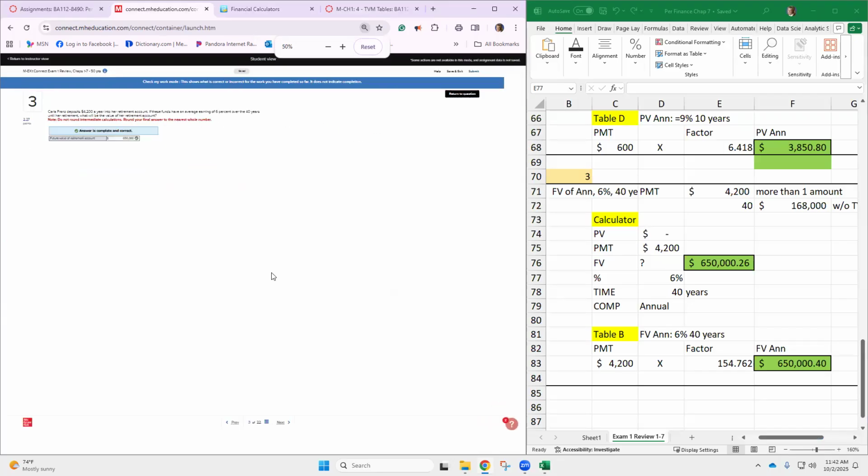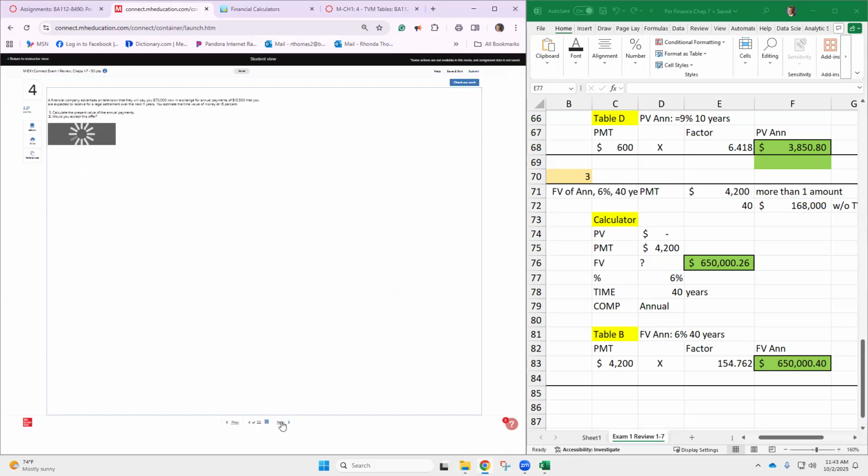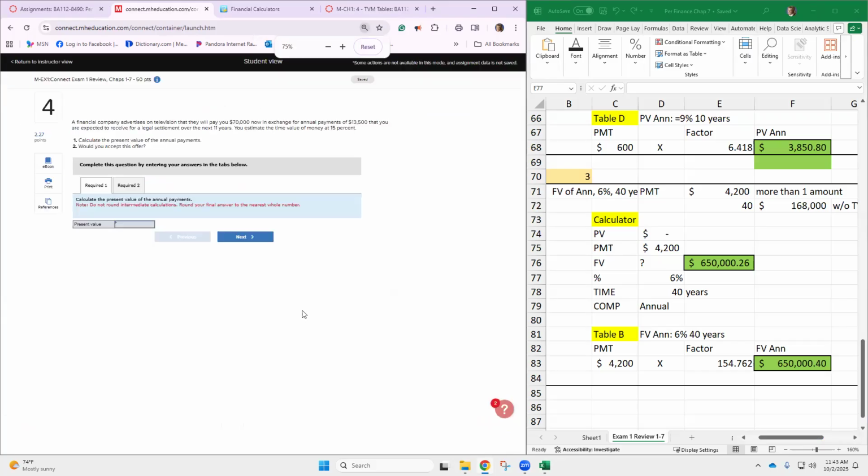Once again, you're going to have to understand whether it's an annuity or one amount. Okay. Number 4, this is a finance company advertises on television that they will pay you $70,000 now, that's today's money, in exchange for annual payments that you're receiving already of $13,500.